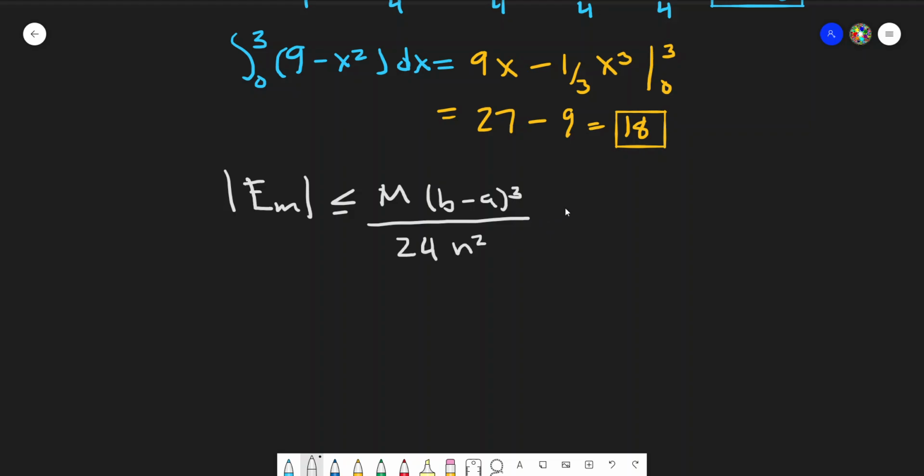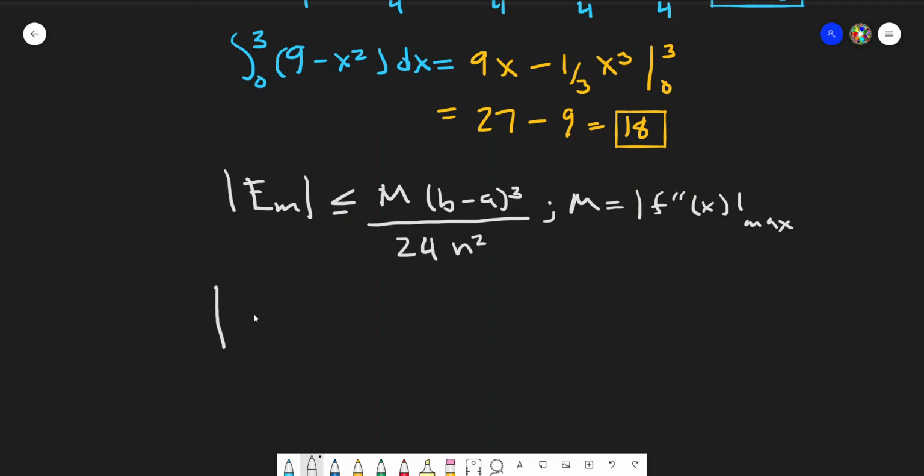This is the error bound. But what is M? M is just the maximum of your second derivative, specifically at either b or a, depending. So we can determine how many subintervals we need for the midpoint sum if we want it to be in close proximity.